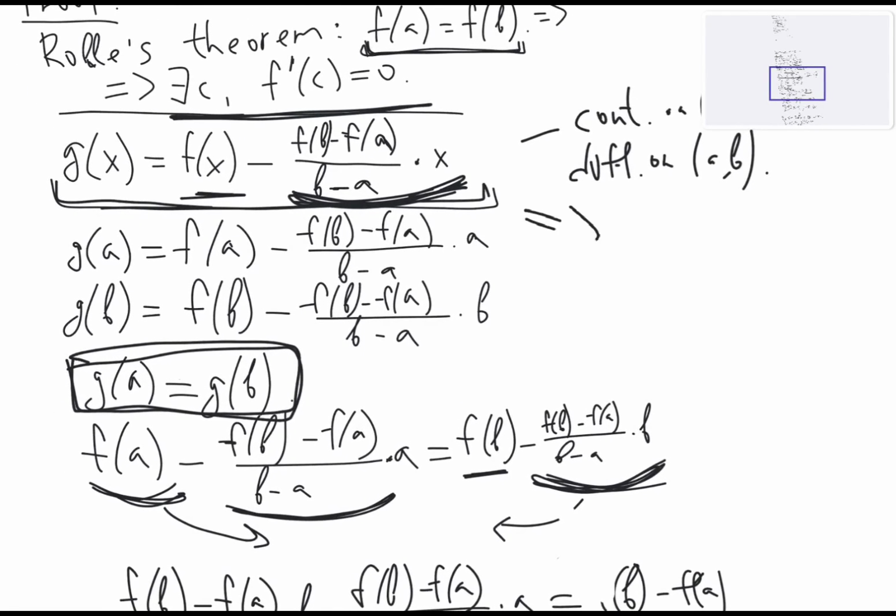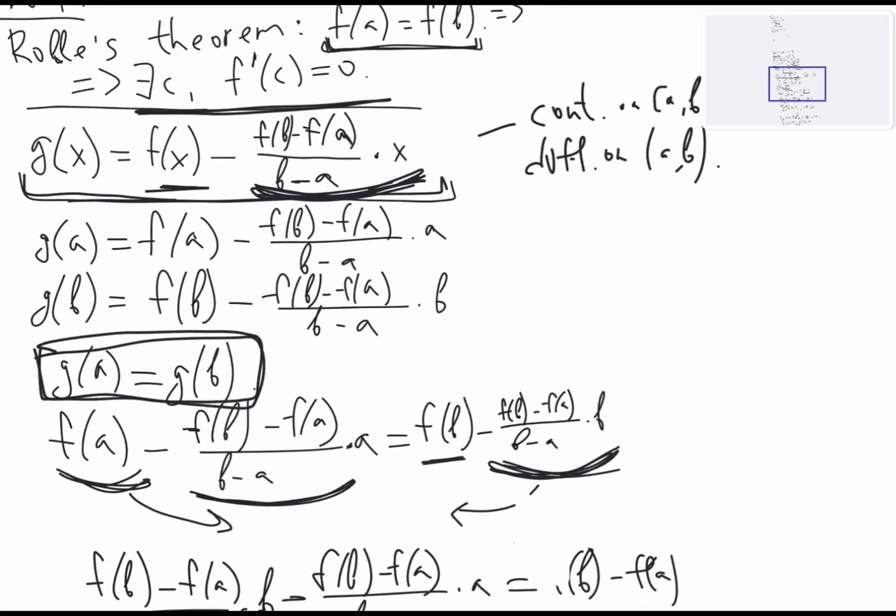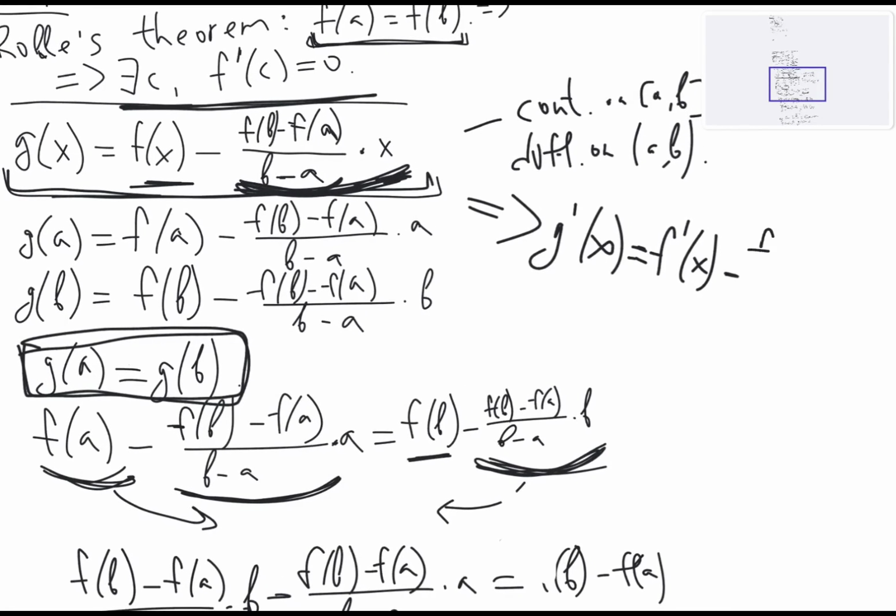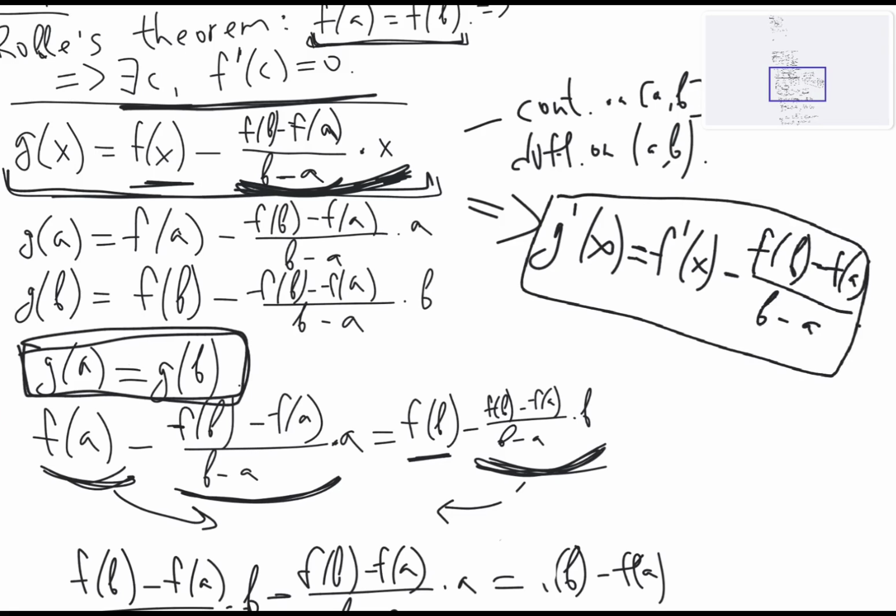From this we can calculate the derivative of g of x. It would be the derivative of f, minus, since the derivative of x is 1, only this constant, f of b minus f of a over b minus a. That's the derivative of g.